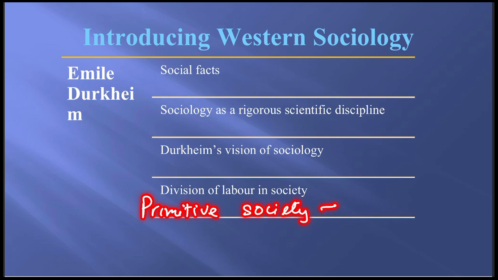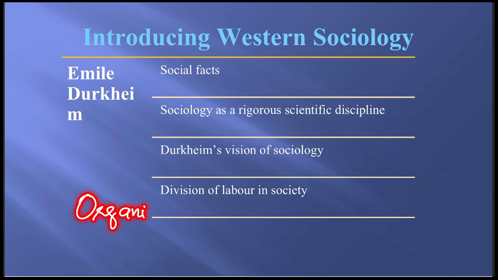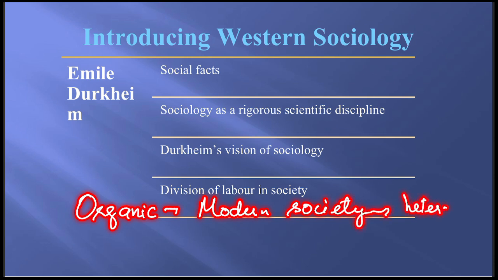Now, let's look at organic solidarity. Here, there's a heterogeneity of its members. This type of solidarity characterizes modern societies with a large population where most social relationships are impersonal in nature.